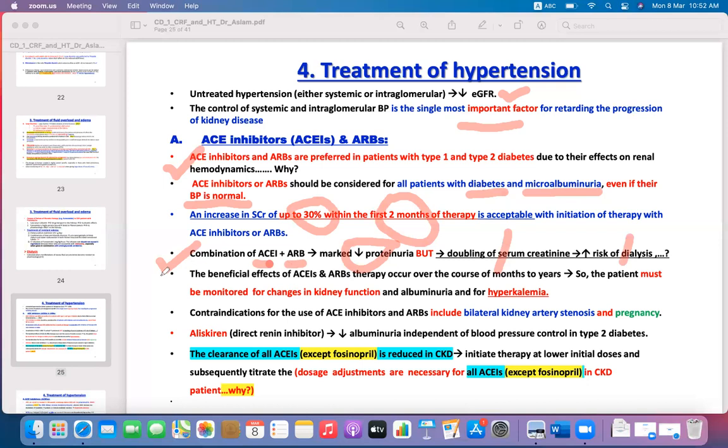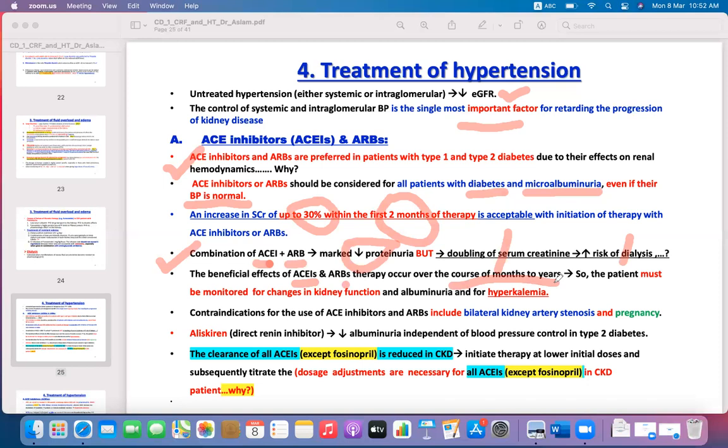And there is one question in our case: how can we monitor this therapy? The beneficial effects of angiotensin converting enzyme inhibitor and angiotensin receptor blocker therapy occur over the course of months to years.